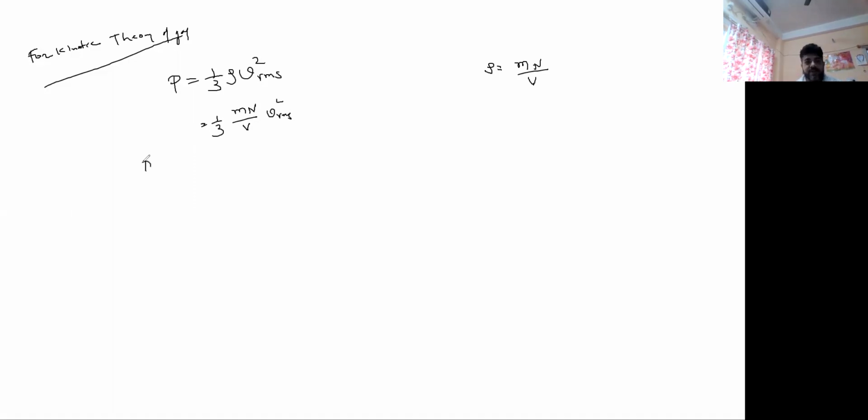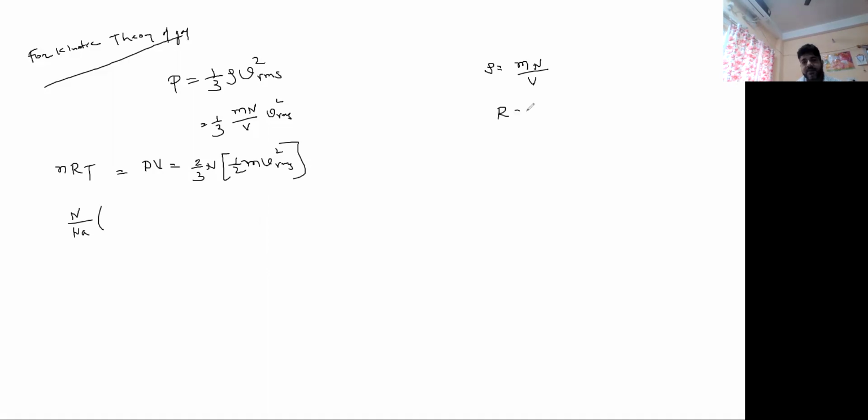तो यहाँ से PV is equals to 2/3 n, 1/2 mv RMS square. We know PV equals to nRT, so we can write nRT. Now what do you mean by n? N is the number of mole by Avogadro number. What do you mean by R?